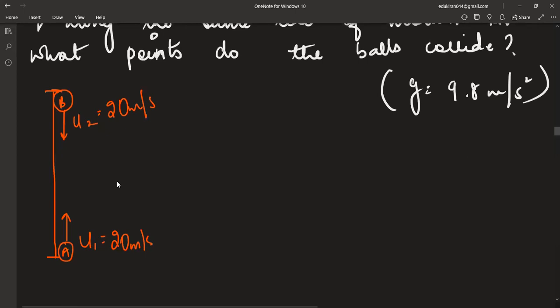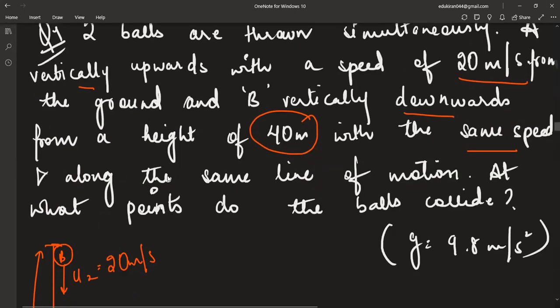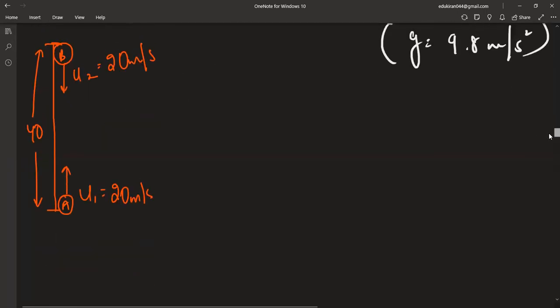So this entire separation is 40, along the same line of motion. At what point do the balls collide?